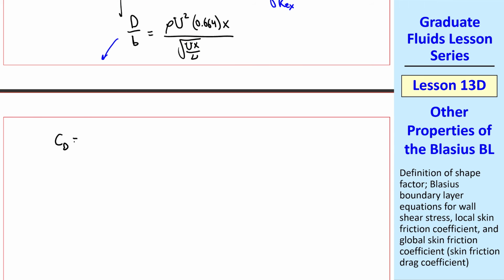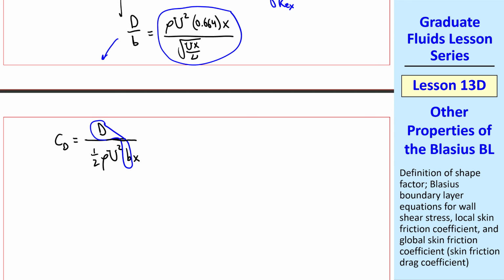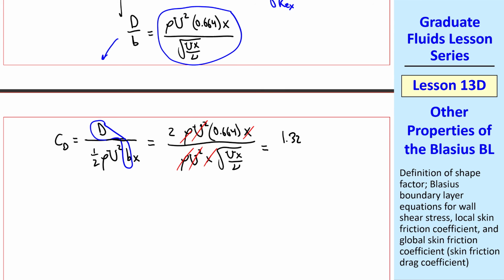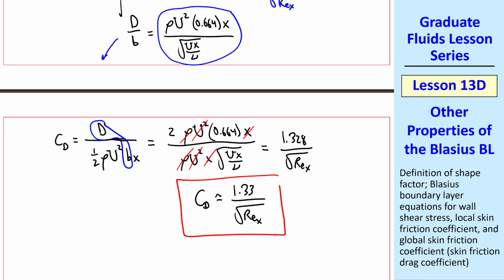Now we can calculate CD as D over 1/2 rho u squared bx, and substitute this expression for D over b. Again, several terms cancel out, and we end up with 1.328 over the square root of Rex. So again, CD is approximately 1.33 over the square root of Rex.